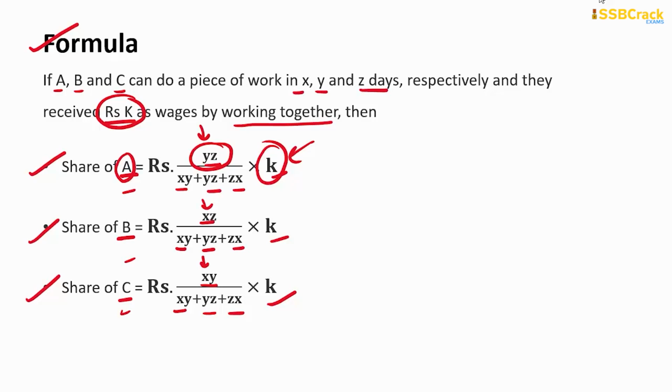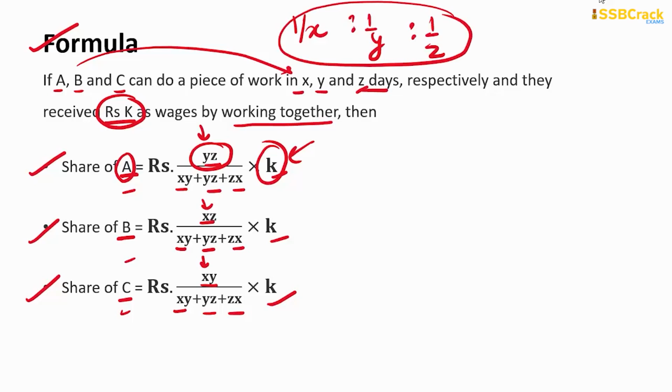Also you can remember this because we know that if A is completing the work in X days, then his one day work will be 1 by X, and one day work of B will be 1 by Y, and one day work of C will be 1 by Z. Now you can find the ratio of their work and then easily find the shares of A, B and C by taking the LCM.